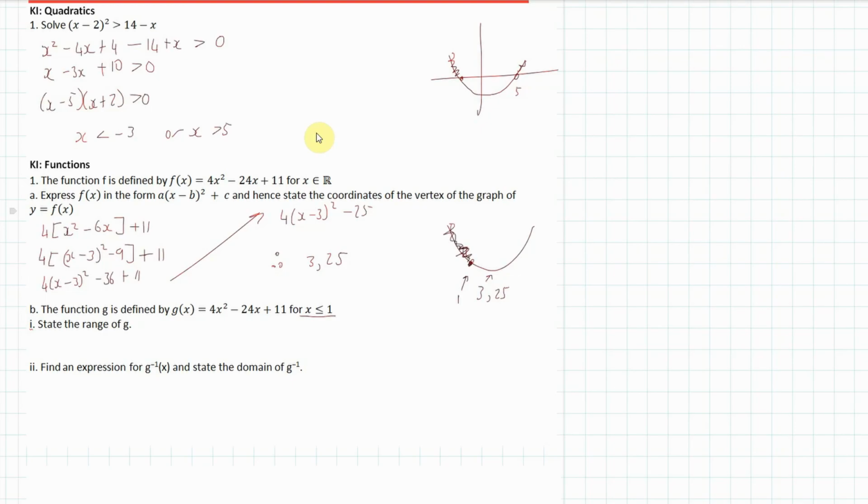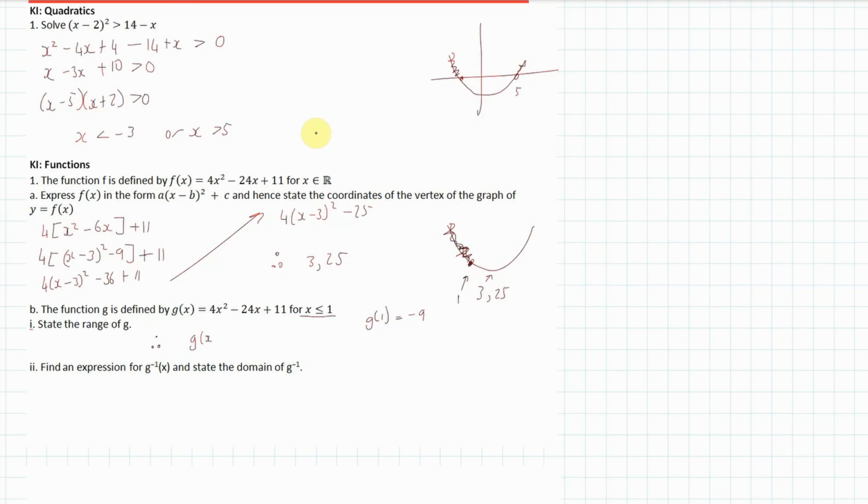So if we go g(1) equals, what do we get for g(1)? I think we get negative 9. And therefore g(x)... oh, sorry, that's negative 20.